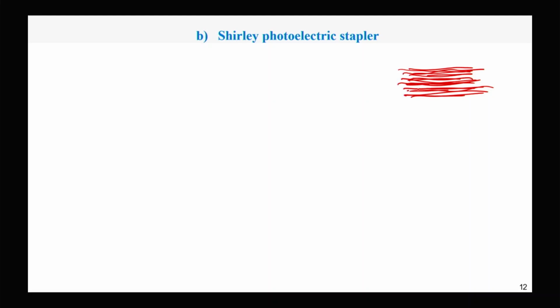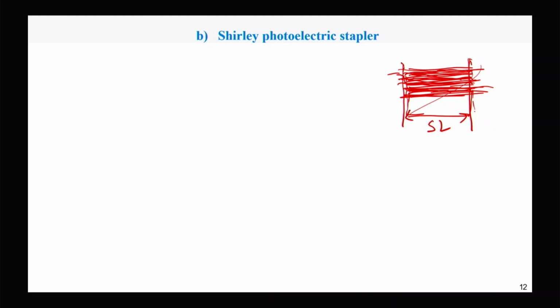So here, between these two lines, as I have discussed, identifying these lines is important, and if we make some mistake here, that will affect the staple length.